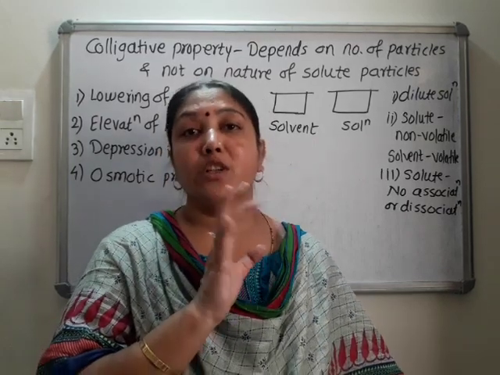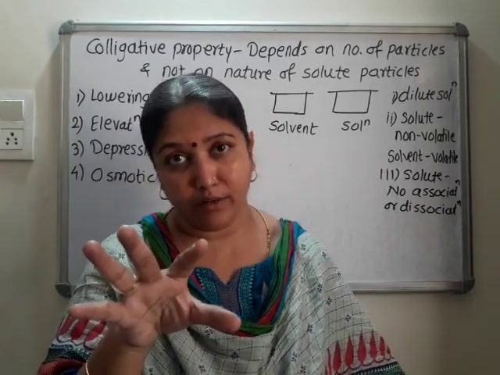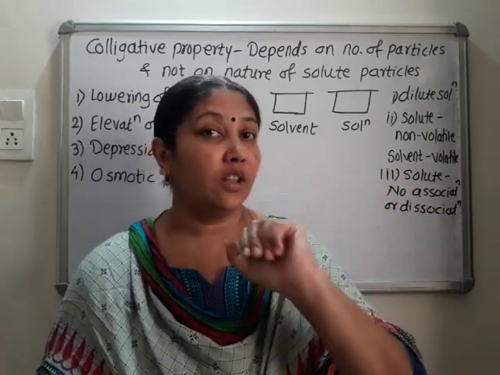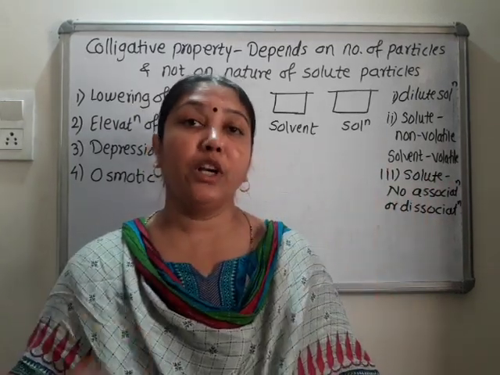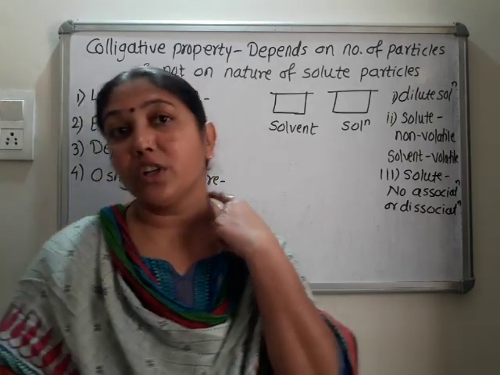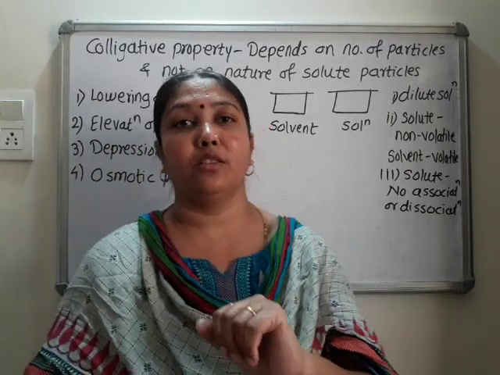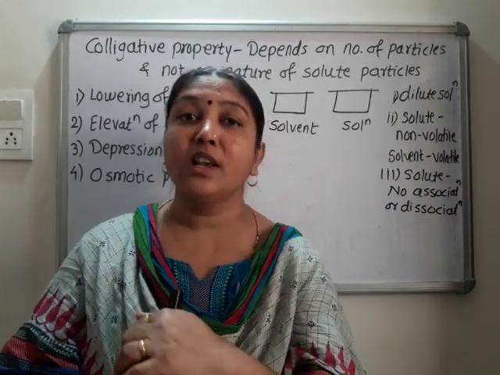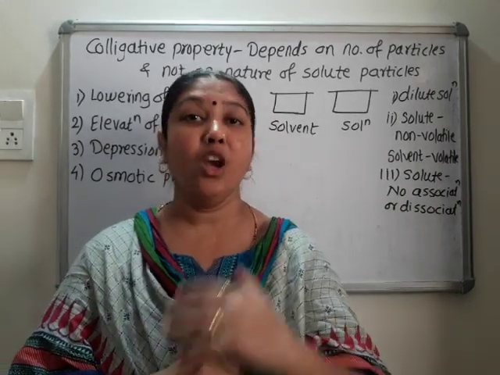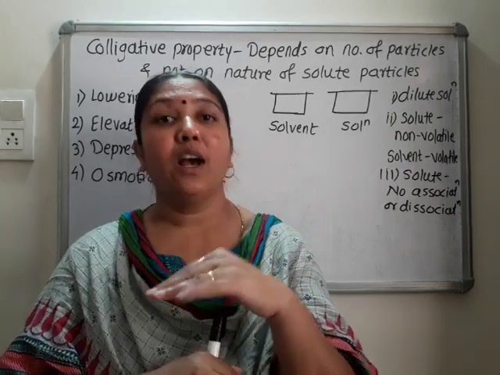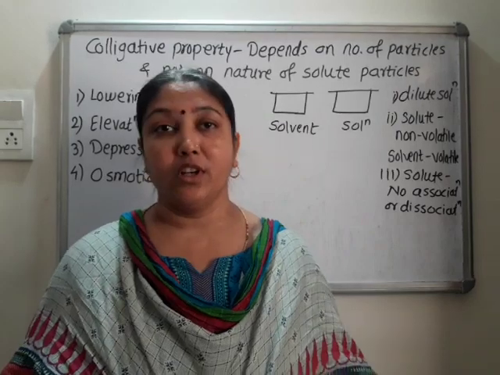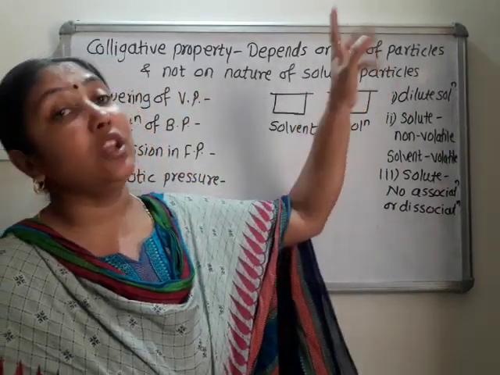Suppose we have added 10 acetic acid molecules. We expect lowering of vapor pressure due to 10 molecules, but it is observed that the vapor pressure is lowered only because of 5 particles, because 2 acetic acids combine together and behave as a single particle. This property depends upon the number of particles.